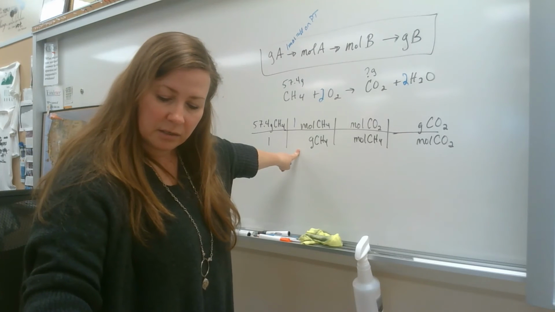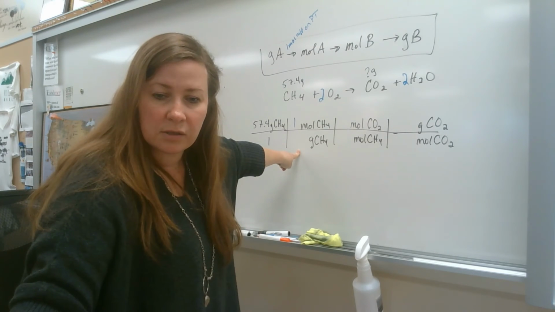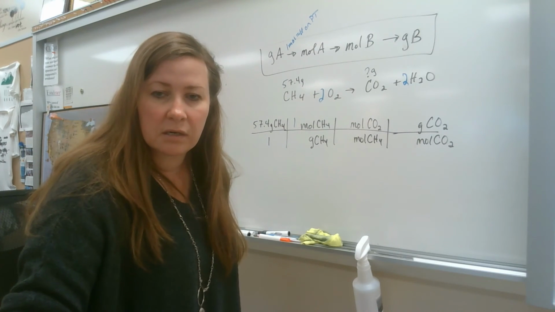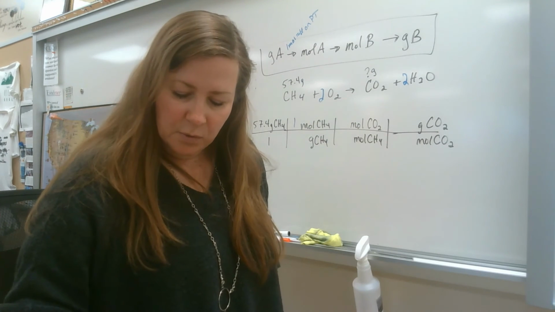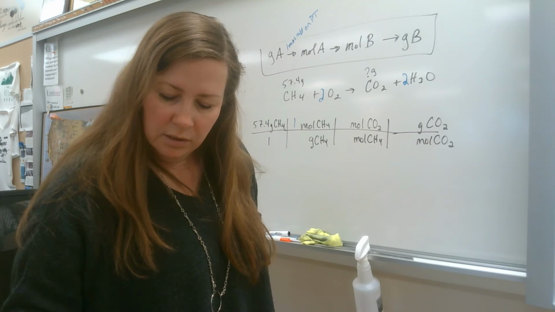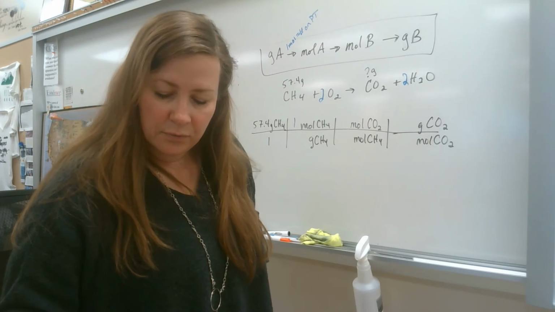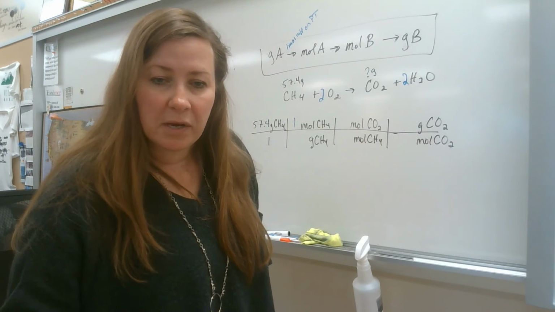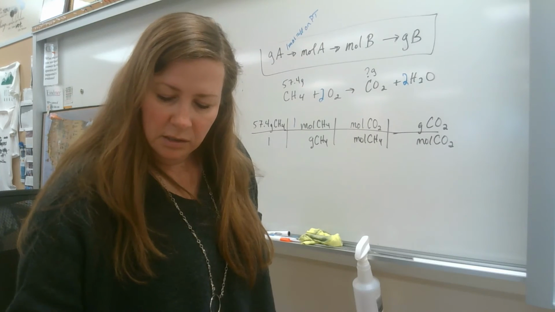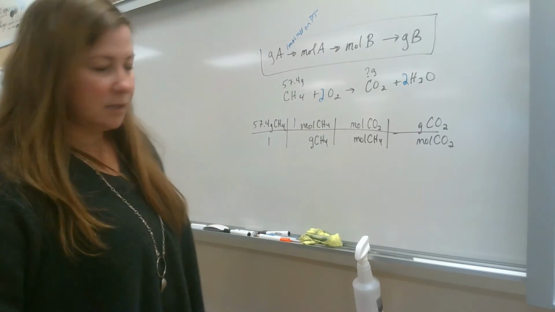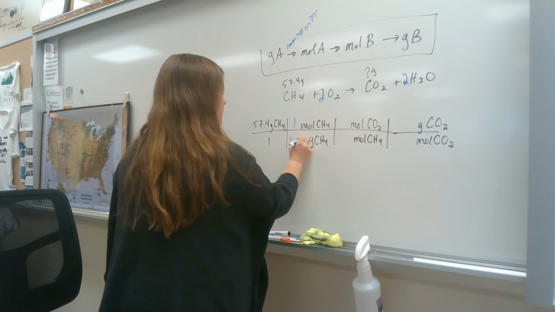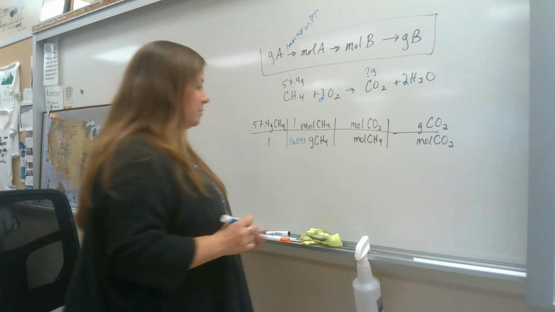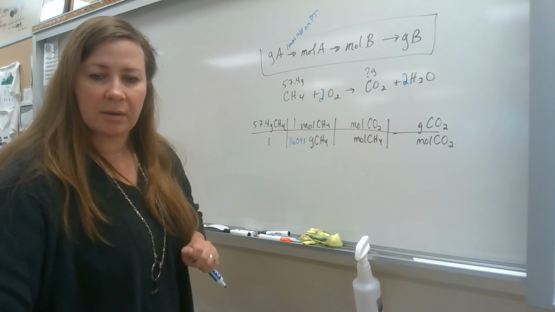Carbon on this periodic table says 12.011, plus we're going to have 4 times hydrogen's mass, which is 1.008. So that's going to be 16.043. So again, I'm just looking at molar masses on the periodic table for that.